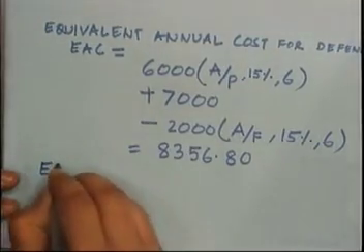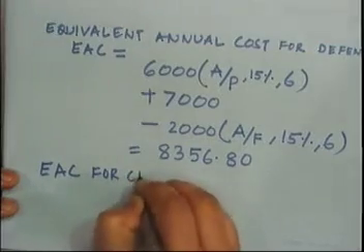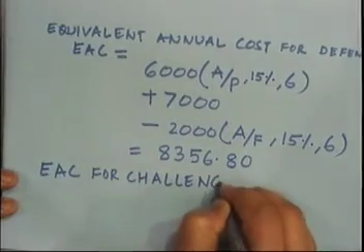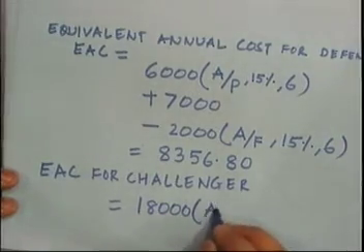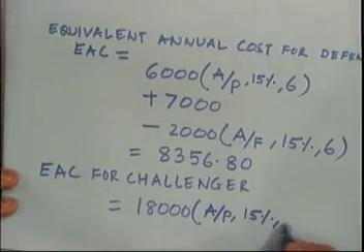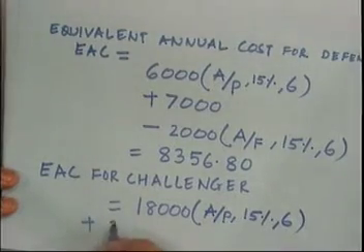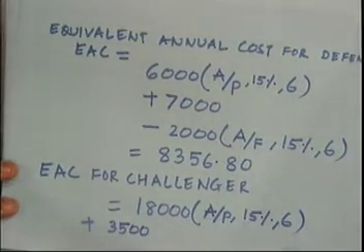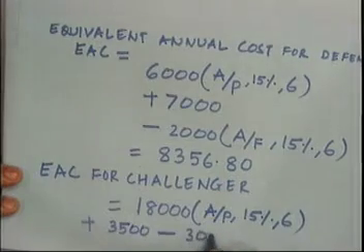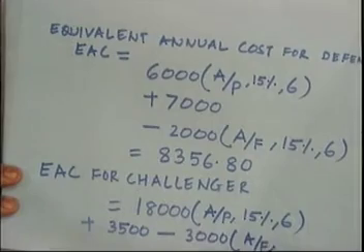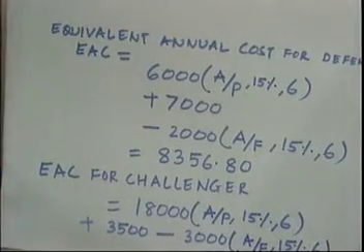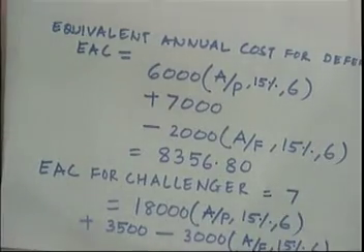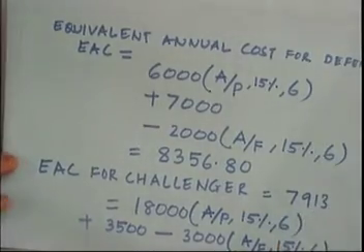So, what would be the EAC for the Challenger? It would be equal to 18,000 multiplied by A given P at an interest rate of 15% for a period of 6 years, plus 3,500, which is the operation and maintenance cost, minus the salvage value, 3,000 multiplied by A given F for a period of 6 years at an interest rate of 15%. This will be equal to rupees 7,913.